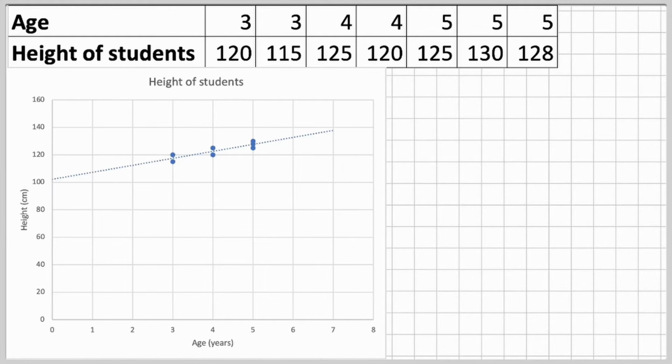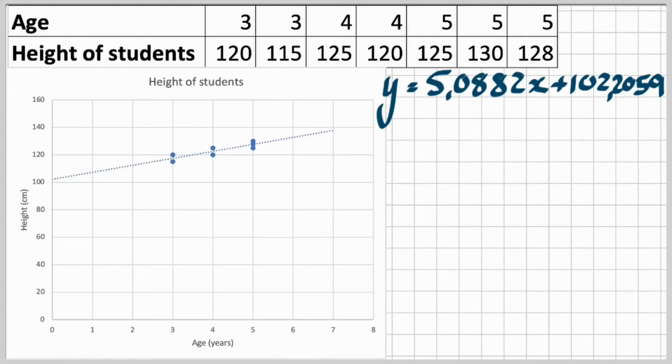What did we do in the previous lesson? We got the equation of that line. If you look at that equation, remember, what does the 102,2059 tell me? That is the y-intercept.